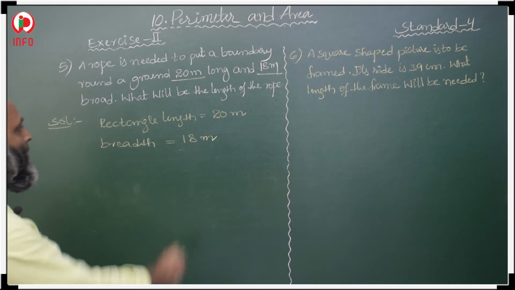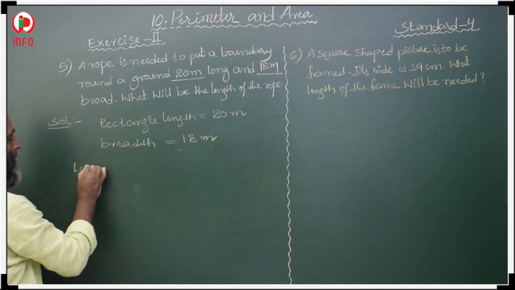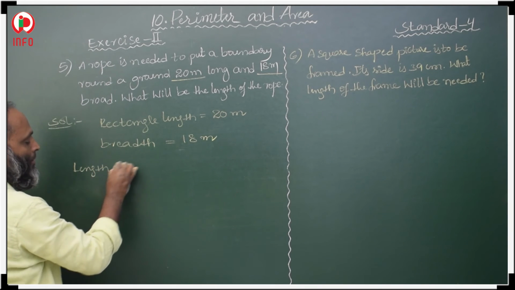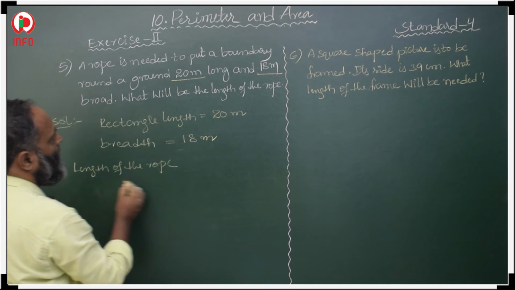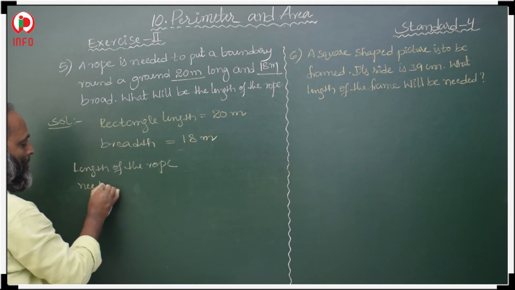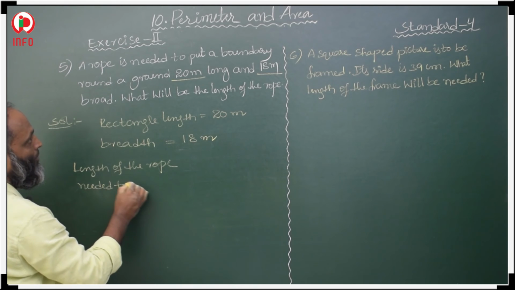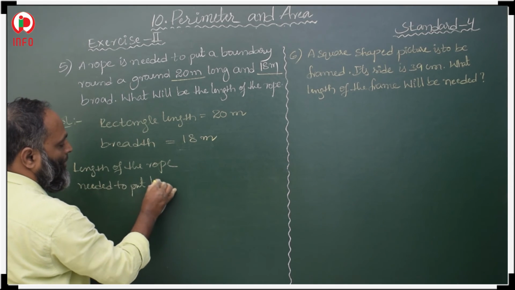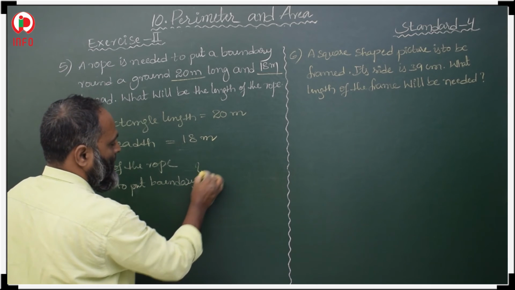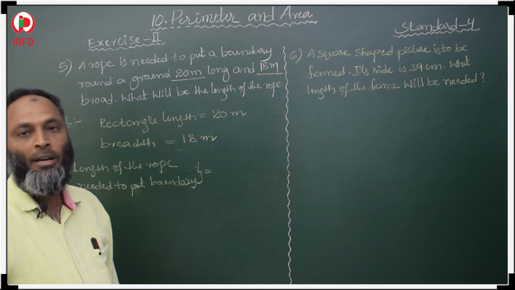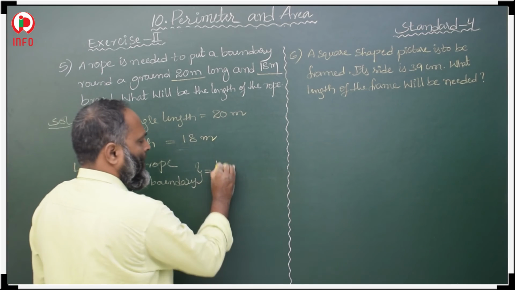Then after that, length of the rope needed to put boundary is equal to perimeter of rectangle.